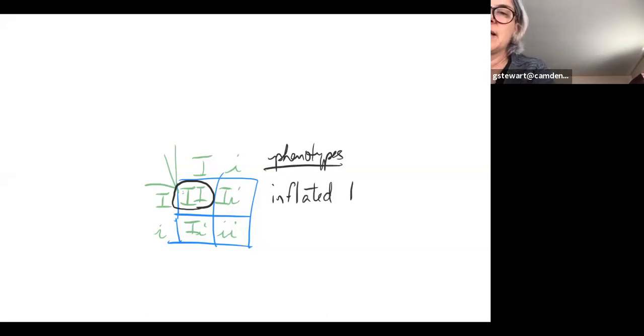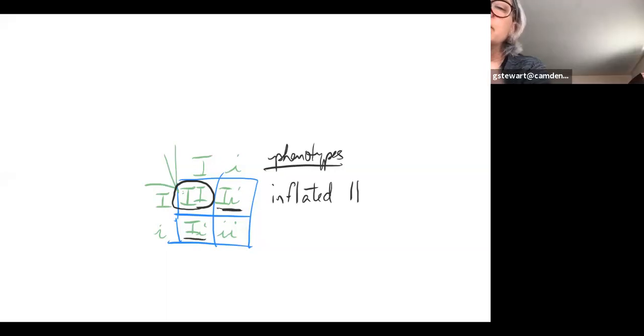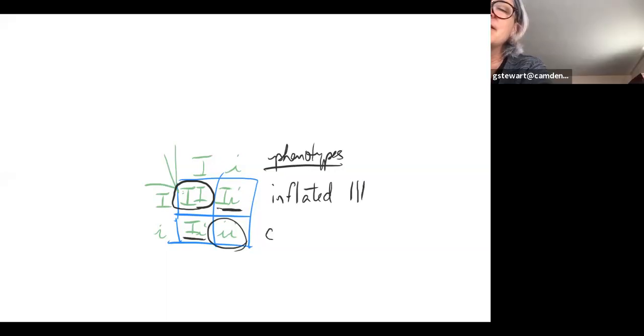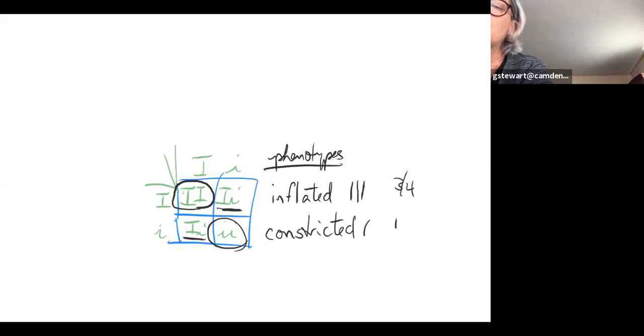All right, what's this next one going to look like? Inflated. And what about this guy? Inflated. And what about this last one? Constricted. That one's constricted, right? Yay. So we've got 3/4 inflated and 1/4 constricted for our F2 offspring.